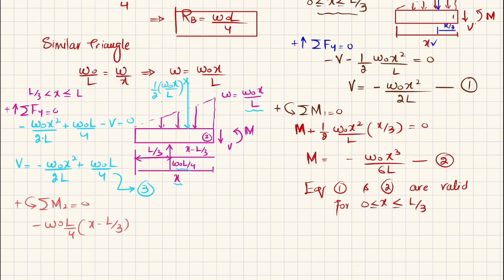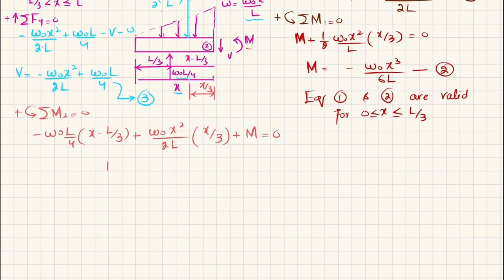The second moment is due to this load, which is W naught X square over 2L, and it will act at a distance of X by 3 from this end, from this point 2. So total length is X, so it will be X by 3. And this is producing counterclockwise moment, so it will be positive. So I will write W naught X square over 2L into perpendicular distance X by 3, and there is an external moment, which is plus M, that will be equal to 0.